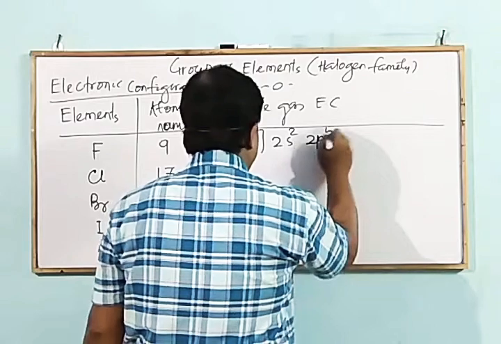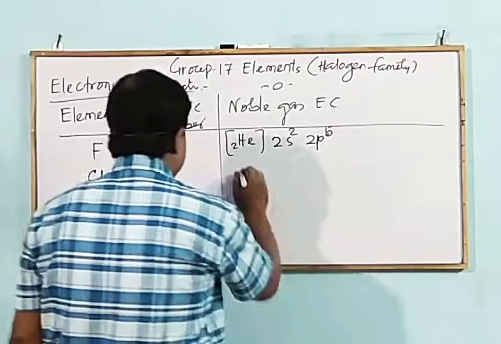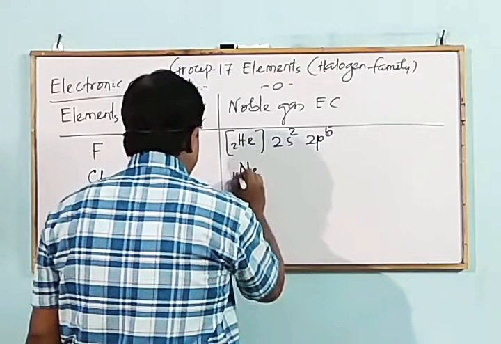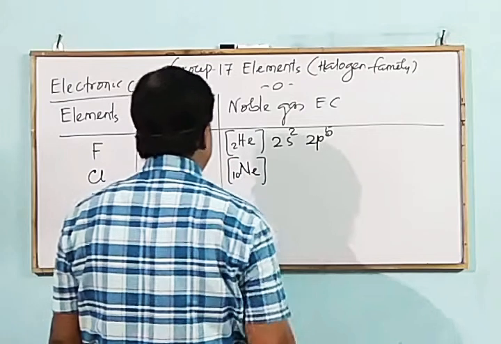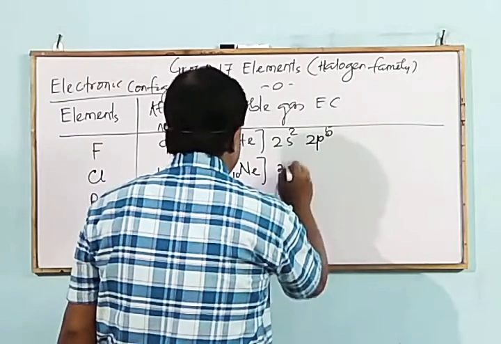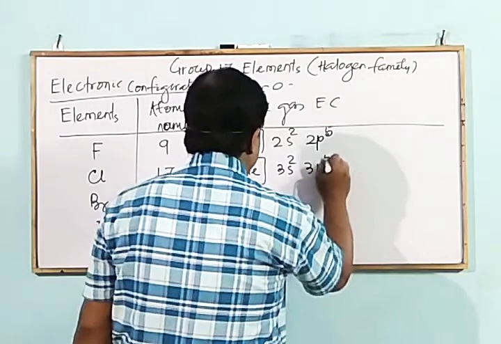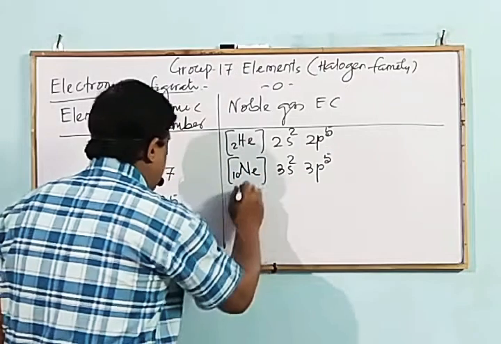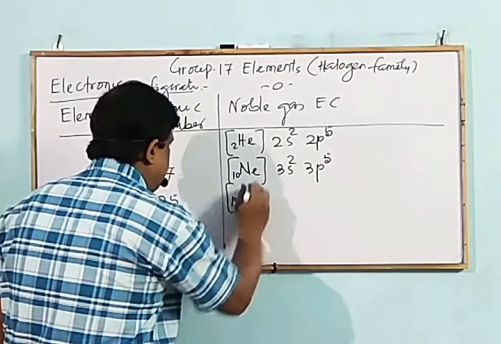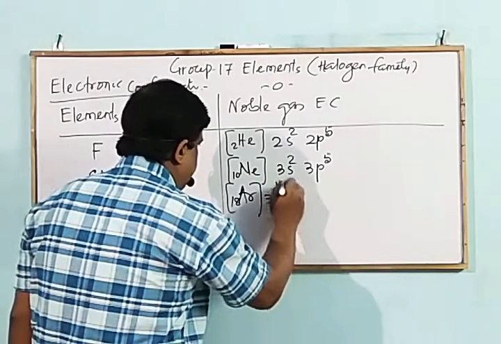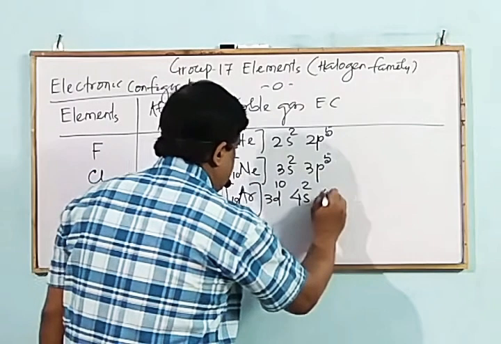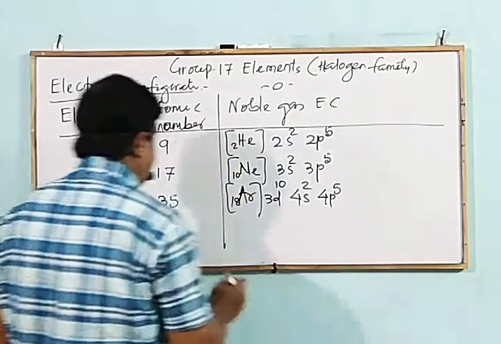2s2, 2p5. Next, neon 10, 3s2, 3p5. Next, argon 18, 3d10, 4s2, 4p5.